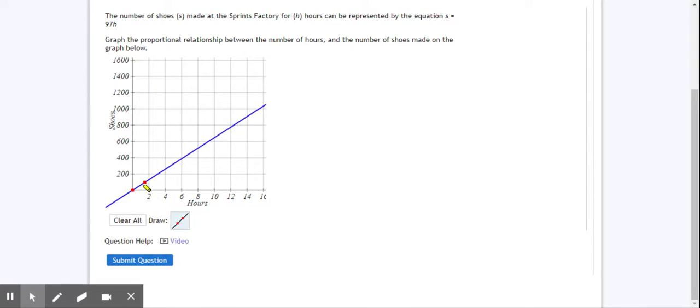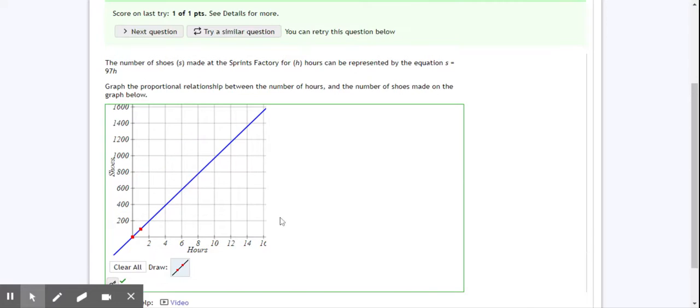And then after 1 hour, it should be 97. After 2 hours, it should be almost 200, and so on. It's going to be very difficult to make this exact, so just do your best. After 1 hour, there's 1 hour between 0 and 2, it's about 100, so I put it there. Just try and see if you can get it close.